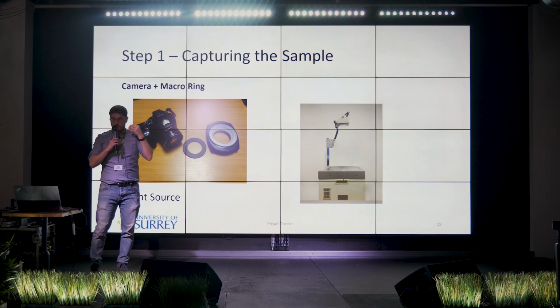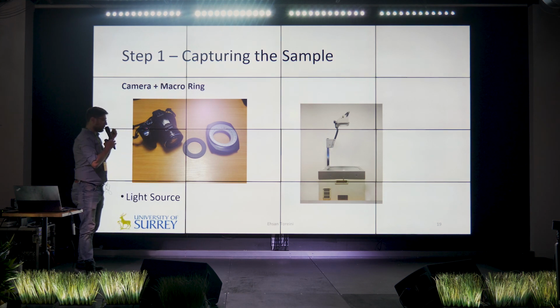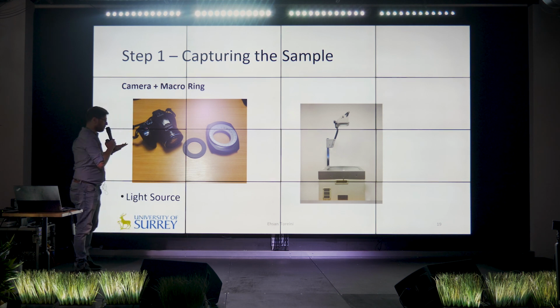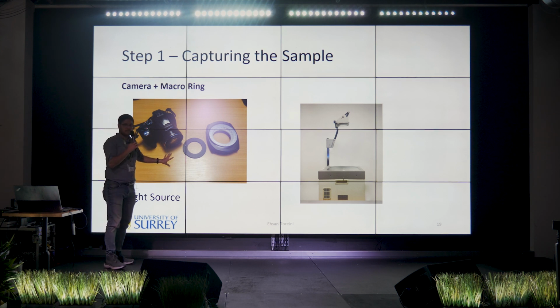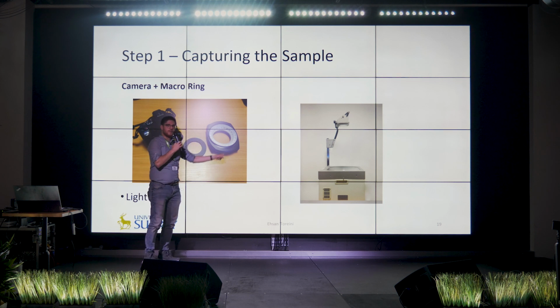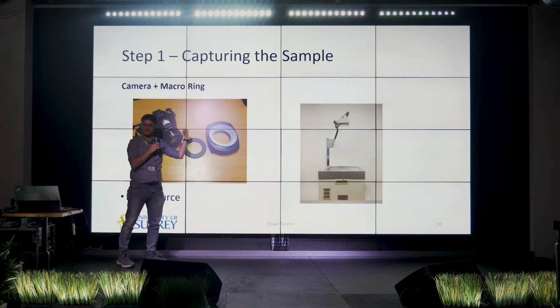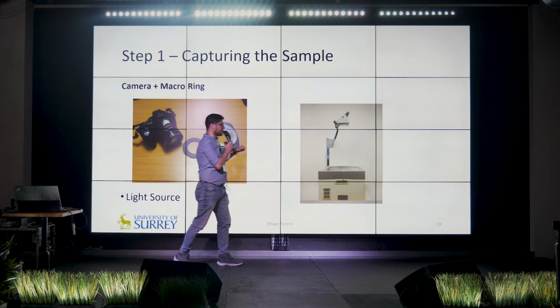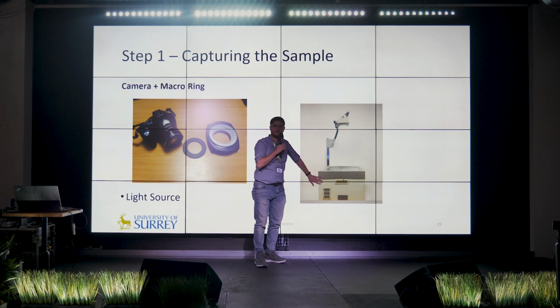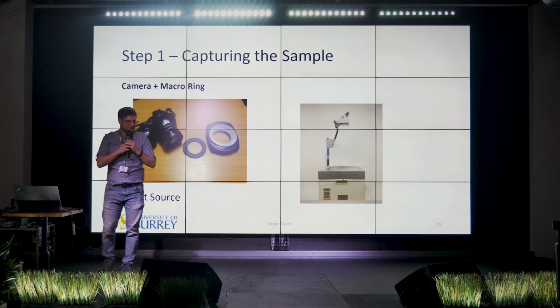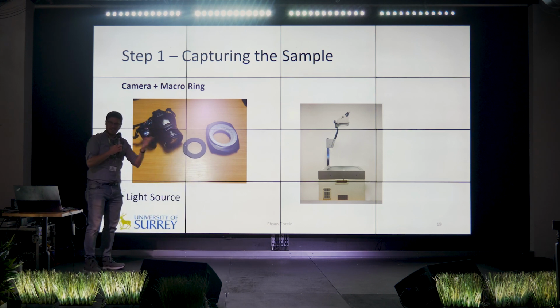If you remember, the point was that we wanted to be simple, inexpensive, quite robust and efficient. So we used a simple camera, but we used the micro photography ring so that it keeps the distance between the paper and the camera constant all the time, for the sake of consistency. And we used the very bulky old style light source that I hope you remember. So that was the start.